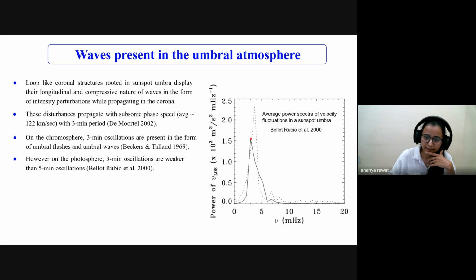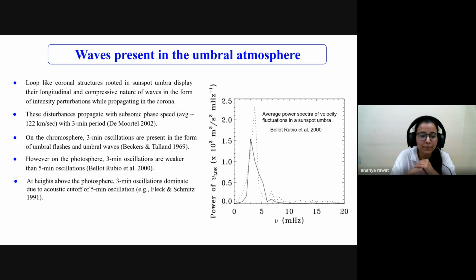This solid line is for the photosphere, where it is 3 millihertz. So 3 millihertz is approximately 5 minutes. And this is for the upper height, where the frequency is around 5 millihertz, which is approximately 3 minutes. So here we can see a shift in the period when we are moving from the photosphere to the upper layer.